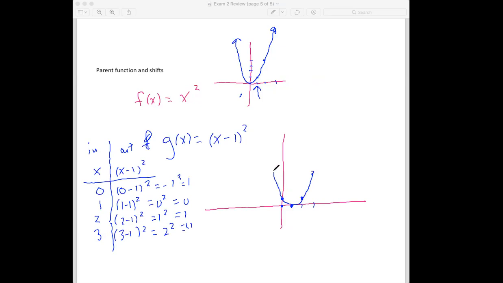And now this entire function looks like it's been shifted to the right by 1, even though we subtracted 1 on the inside. There's really no way to explain it better than to just see what happens as you do it. Our concept of left and right and plus and minus doesn't hold when it comes to these things.